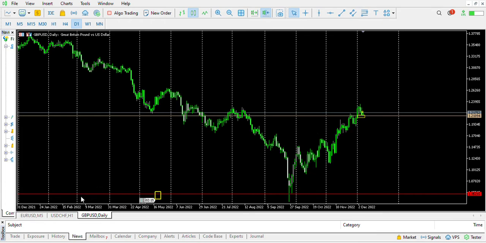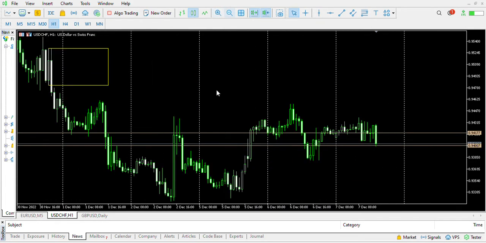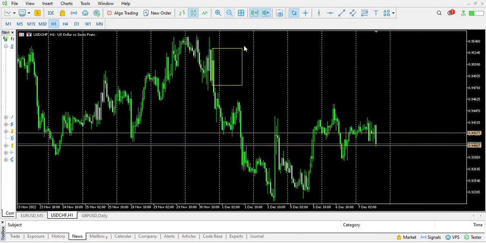Even on a choppy time frame like this, USD Swiss, which is not really going anywhere, you can still read it. You can see price came from here, went into supply, came down into demand, went into supply again, came down into demand, and that's how it's been moving. It's a very simple way to read charts.